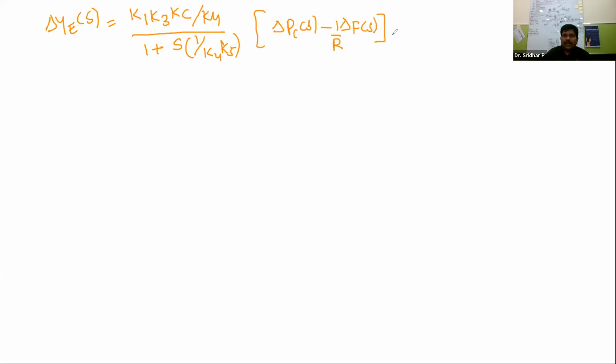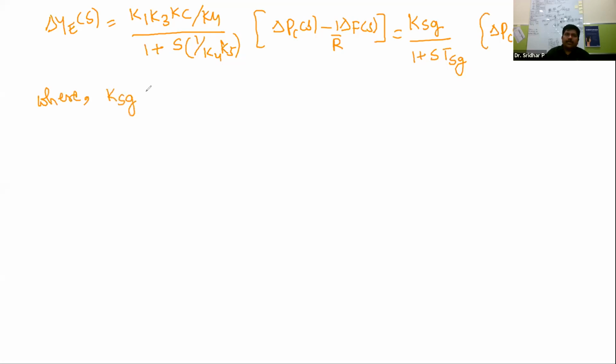So this is also written as Ksg by 1 plus S Tsg into delta Pc of S minus delta F of S.